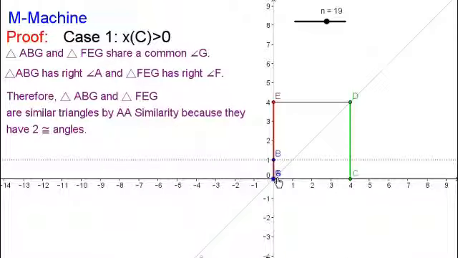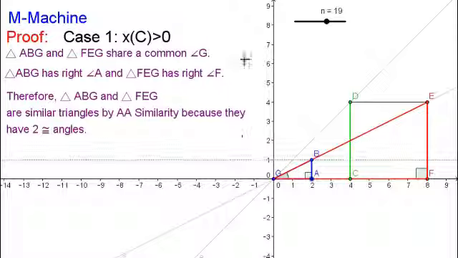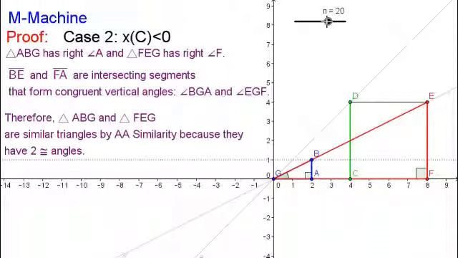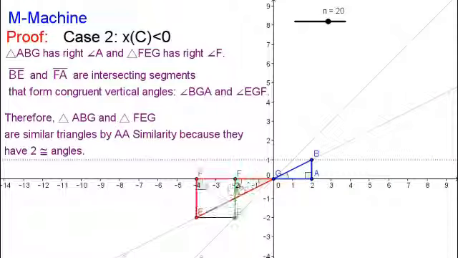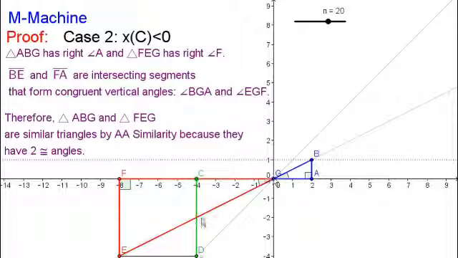Now let's move to case 2. Case 2 occurs when the x-coordinate of point C is less than 0. As I move point C to a value less than 0, you can now see that the two triangles, triangle ABG and triangle FEG, don't have any angles in common. They still have two right angles.